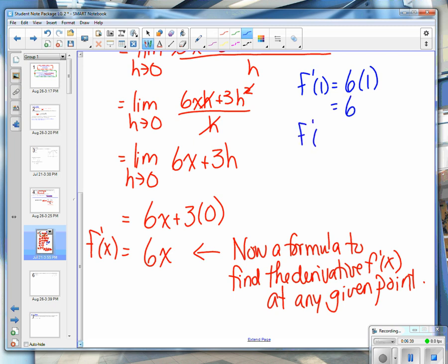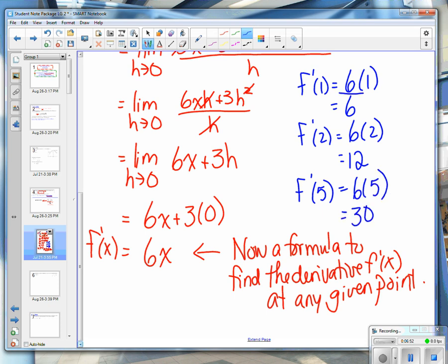The next point, f prime of 2 would be 6 times 2, which would give us 12. F prime of 5, 6 times 5 is going to give me 30. So all of my slopes or derivatives at every given point are given here as 6, 12, and 30.